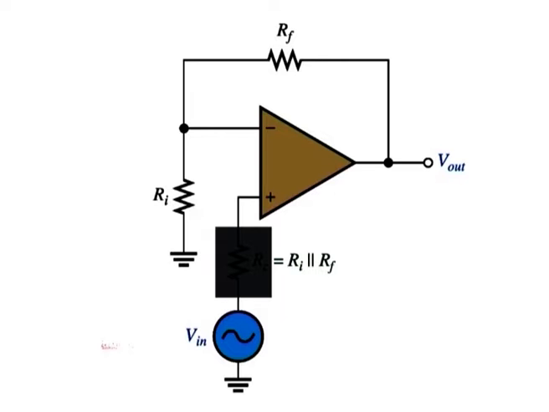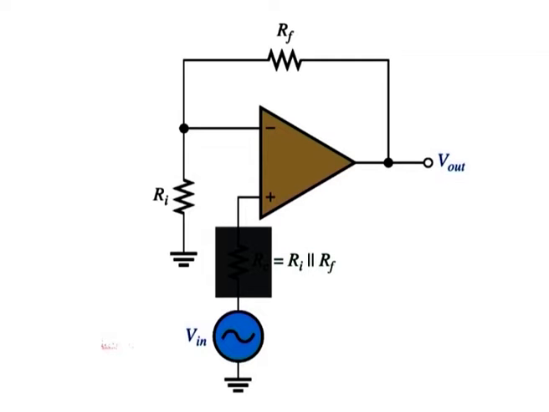Non-inverting and inverting amplifiers. To compensate for the effect of bias current in the non-inverting amplifier, a resistor Rc is added as shown in figure. The compensating resistor value equals the parallel combination of Ri and Rf.